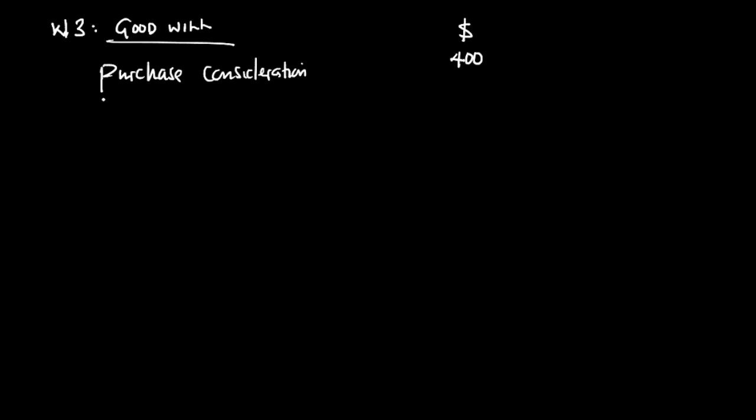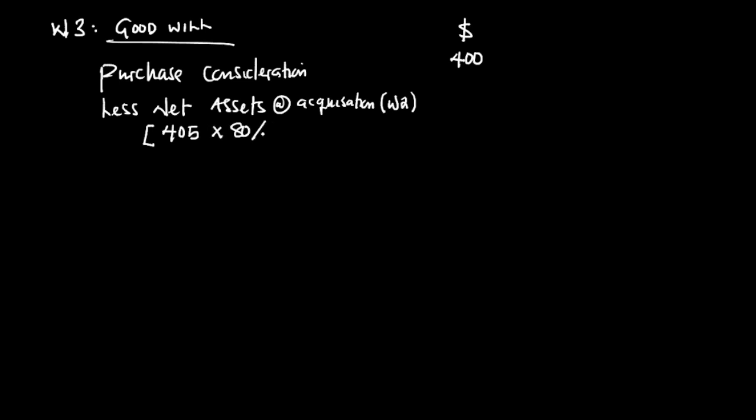Then less net assets at acquisition date. That's W2. So in there we have 405 times 80%. That gives us 324. You deduct, we have 76. So this is the goodwill.